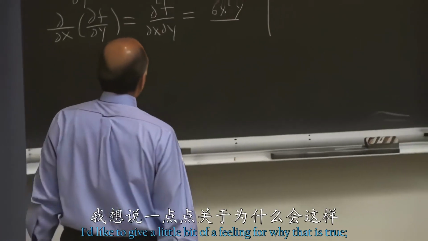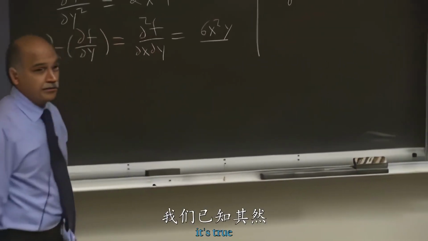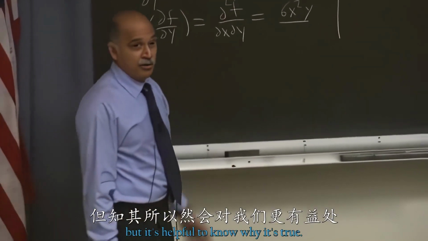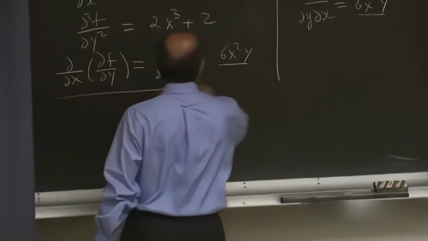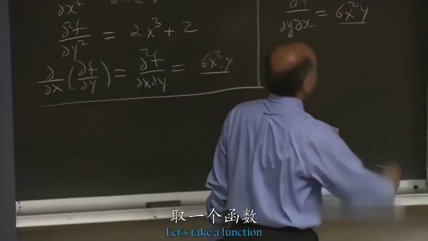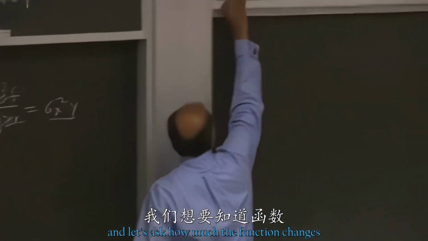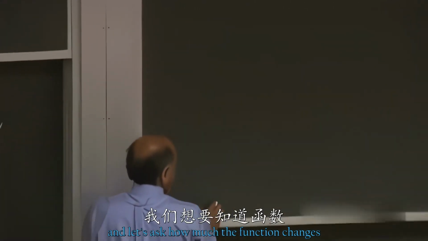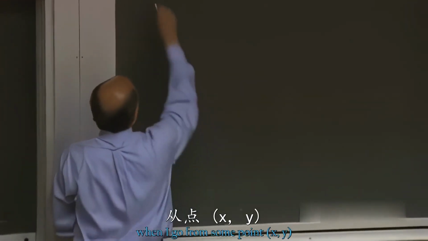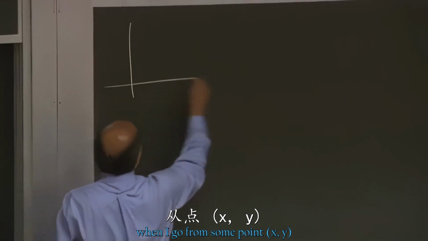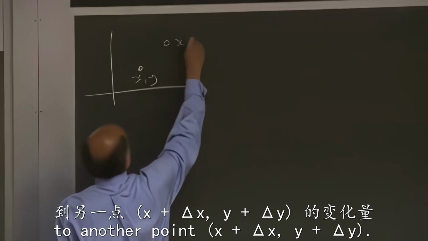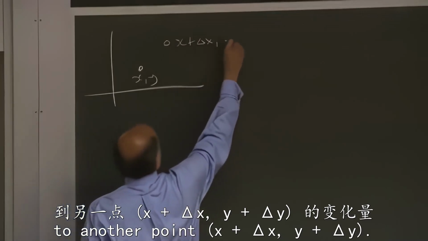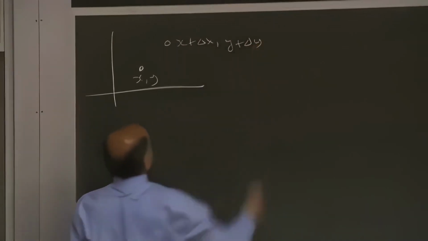Now, I'd like to give you a little bit of a feeling for why that is true. It's true, but it's helpful to know why it's true. So let's ask the following question. Let's take a function and ask how much the function changes when I go from some point x, y, to another point x plus delta x, y plus delta y.